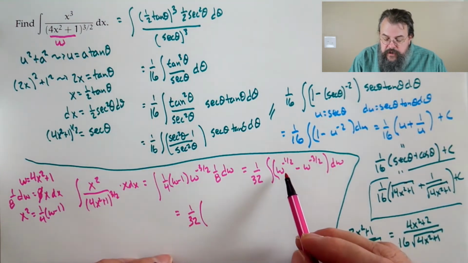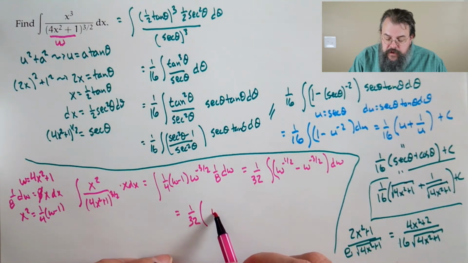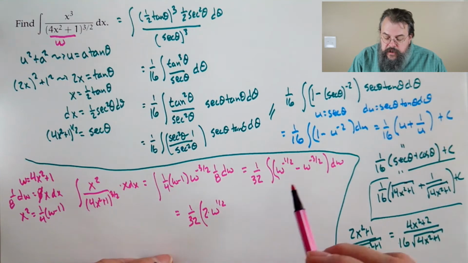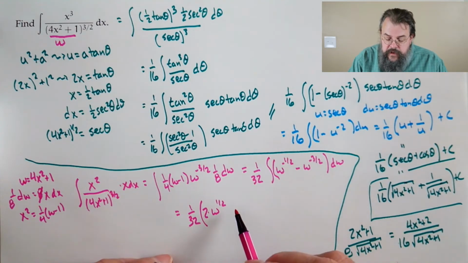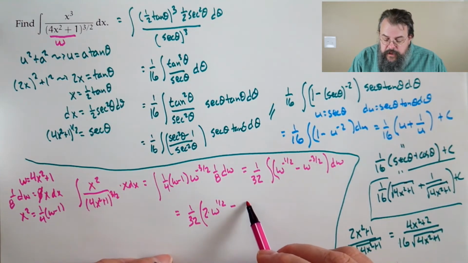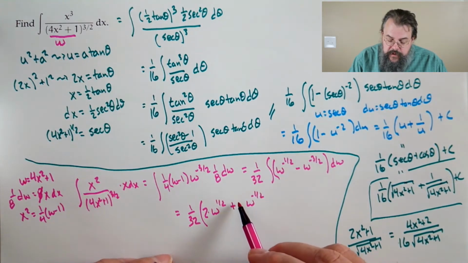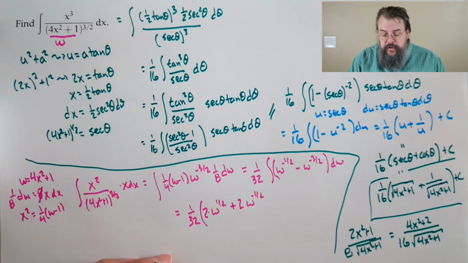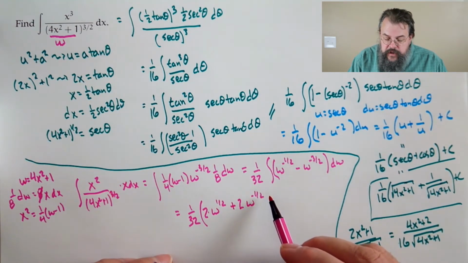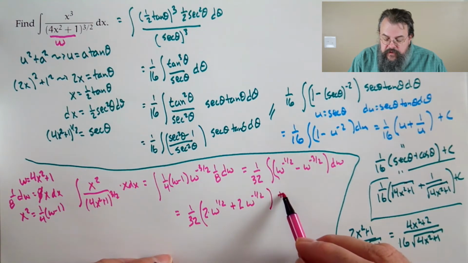And when we integrate here, that would be w to the 1/2 times a 2, because we have to divide by 1/2. And then minus w to the minus 1/2, and then you divide by a minus 2. Dividing by minus 1/2 is the same as multiplying by minus 2. And then, of course, plus c.